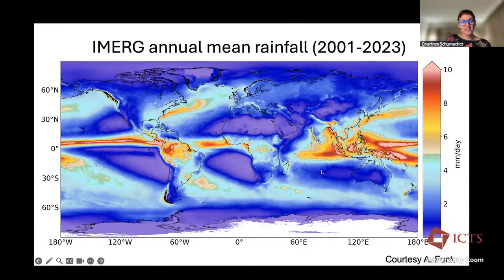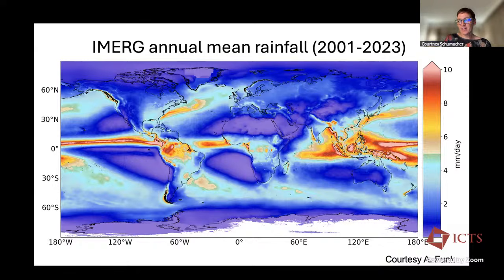You can definitely see that where we saw more cloudiness, we tend to have more rain, but with a lot of complex structure around the coast here in India. You have some strong coastal rainfall, and obviously during the monsoon, this would look a lot different. This is just an annual mean.